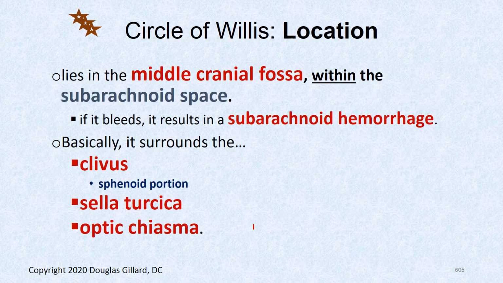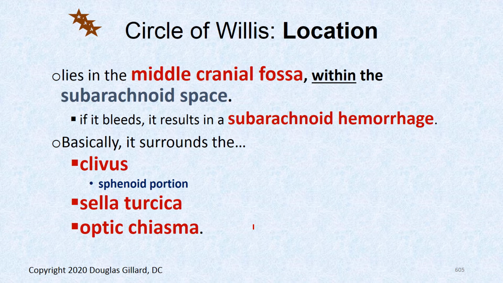Where does it live? So it lives, remember the anterior, middle, and posterior cranial fossa. Those are like the 3 steps of the base of the skull, or the floor of the skull, so to speak, where your brain sits. It lies in the middle cranial fossa.